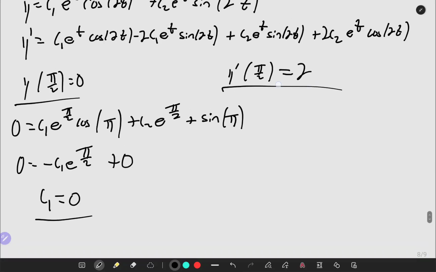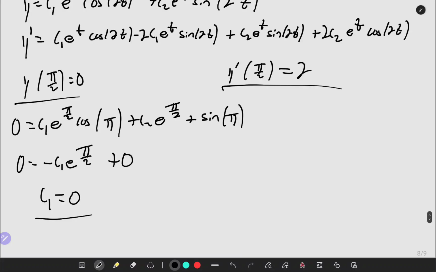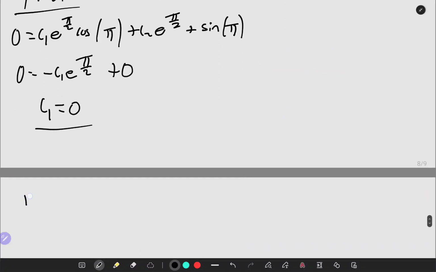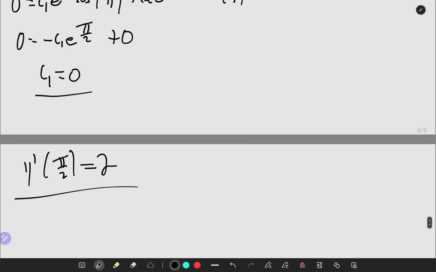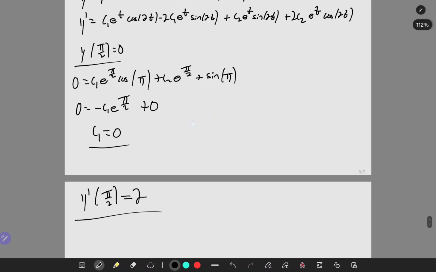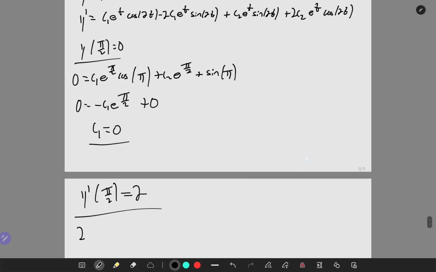So knowing this, okay, I better do this one down here. So basically, we're going to have 2. Now, wherever there's a c1, I'm just going to remove. So we're going to have 2 is equal to c2 e to the pi over 2 sine of pi.